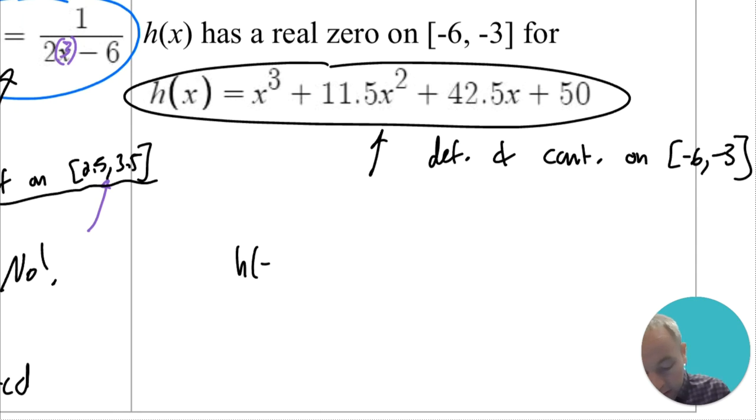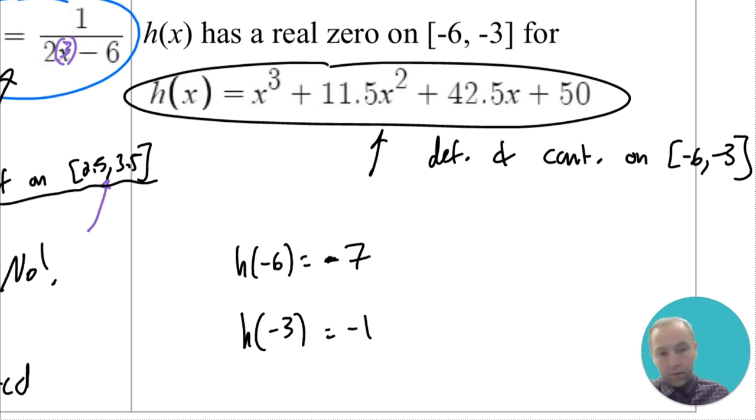Now, if we evaluate h of negative 6, I'll probably want a calculator for that. So negative 6 to the third plus 11.5 times negative 6 squared plus 42.5 times negative 6 plus 50. We end up getting a y value of negative 7 there. And then if we evaluate using negative 3 instead, we get a y value of negative 1.